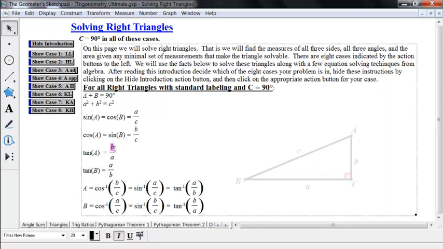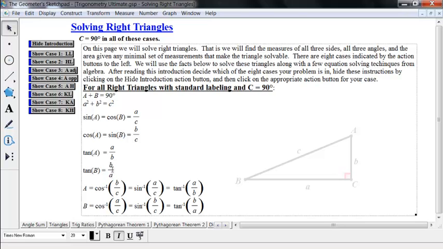Tangent of angle A is opposite, which is A, over adjacent, which is B, and the tangent of angle B is opposite, which is B, over adjacent, which would be A, the adjacent leg.